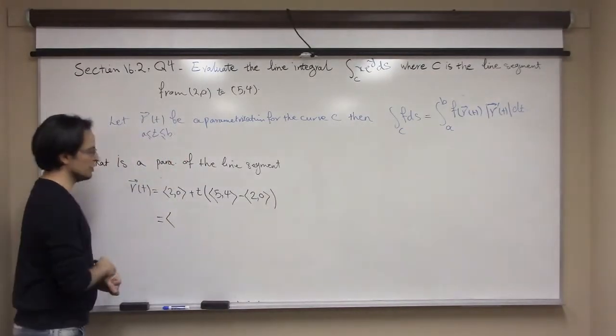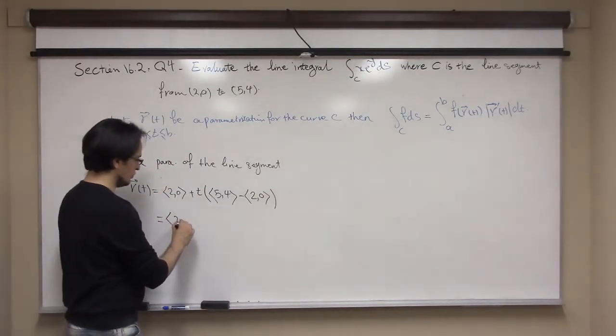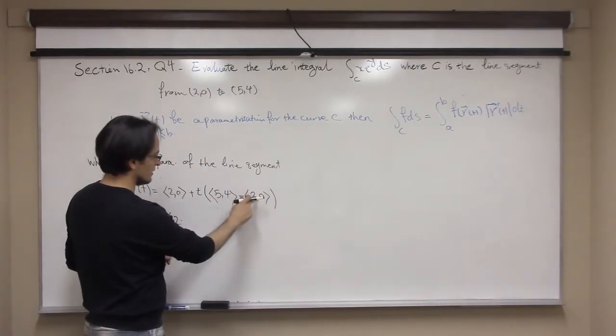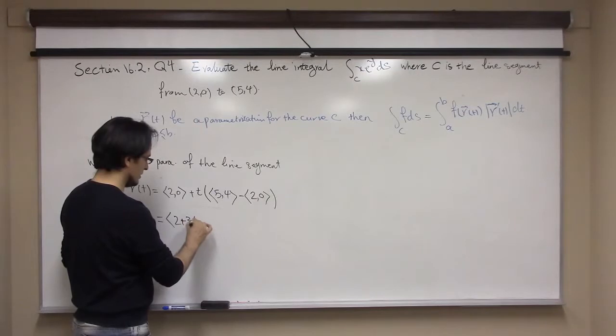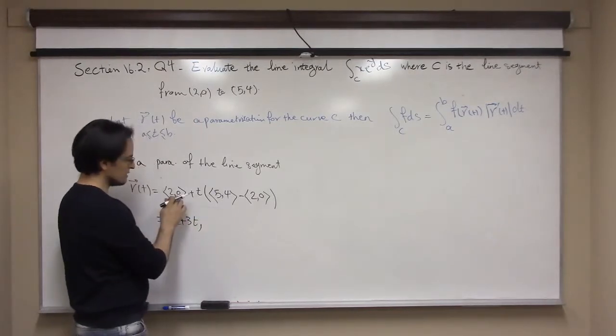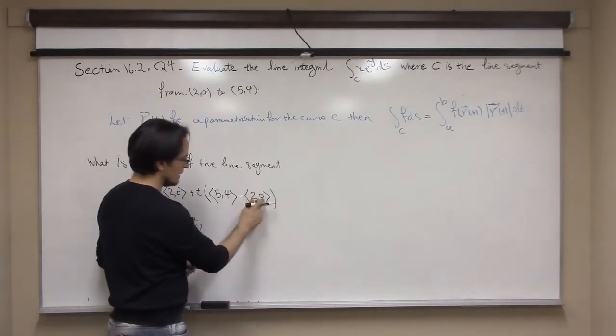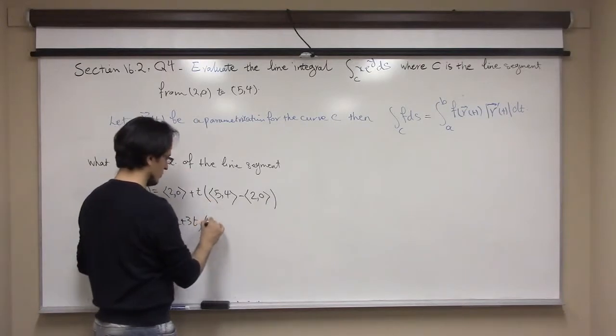And that gives you 2 plus 3t here, since 5 minus 2 is 3, and 0 plus 4 minus 0 is 4 times t, 4t.